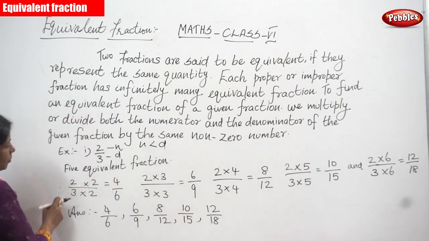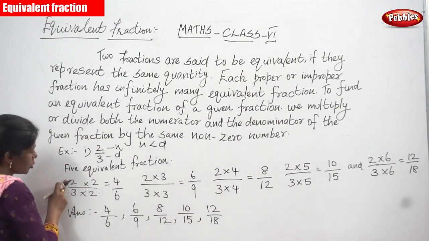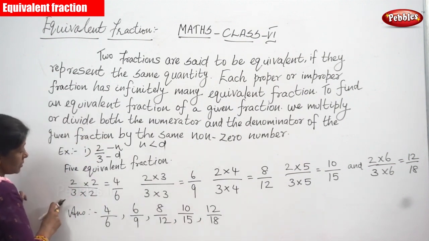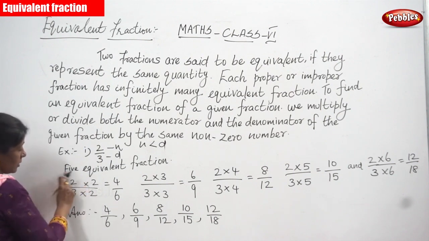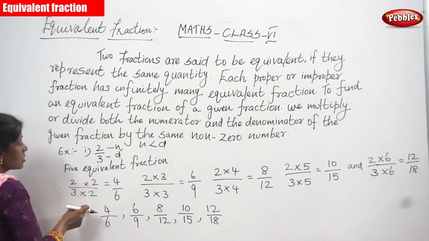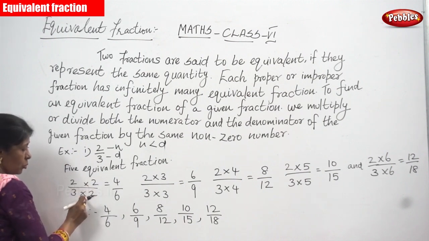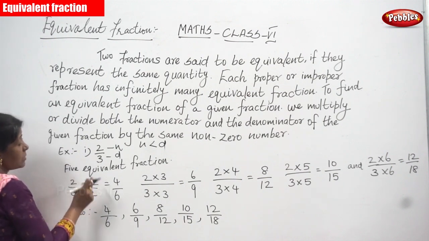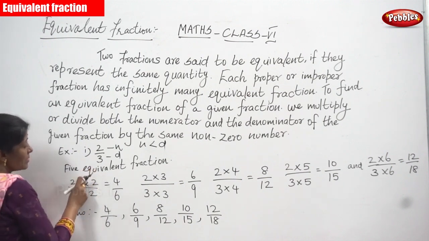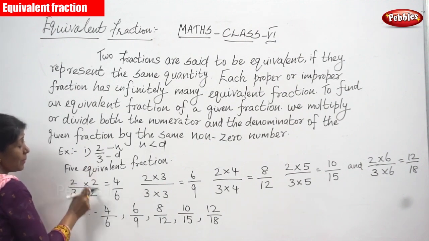The first one is 2 by 3. 2 is the numerator and 3 is the denominator. If you want to convert this proper fraction into an equivalent fraction, the number I have taken is 2. I am going to multiply the numerator as well as the denominator by the same number 2.